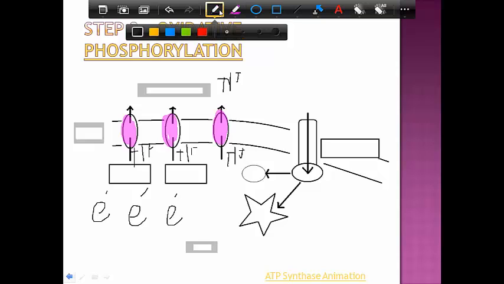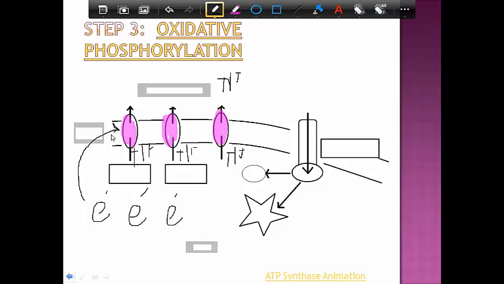So the electrons that are released from NADH and FADH2 first start with this original electron carrier and then are passed down from one electron carrier to the other, kind of like a game of hot potato, if you ever played that when you were a kid. Pass the ball around the circle and you didn't want to get caught with it, right? So they pass on the electron from carrier to carrier to carrier, and basically it's giving off energy each time that it gets passed down.